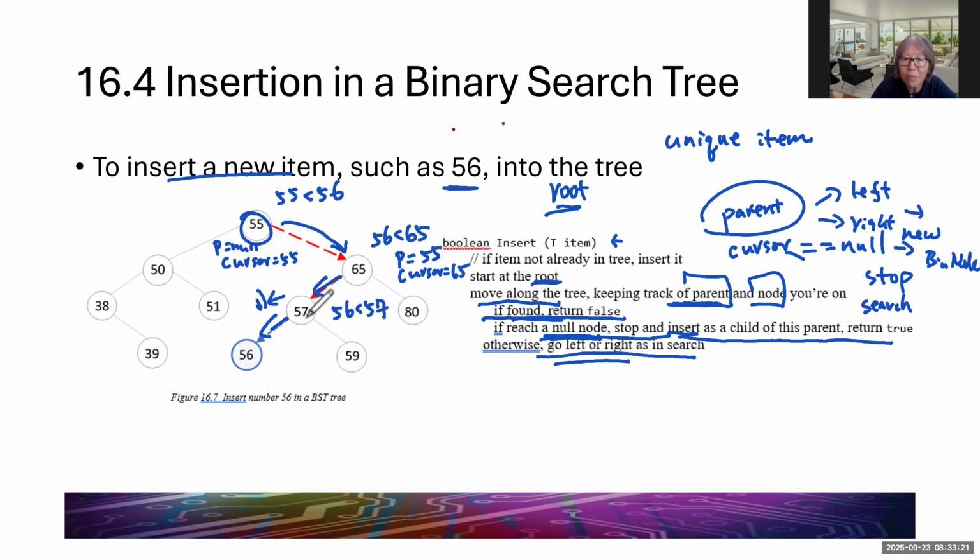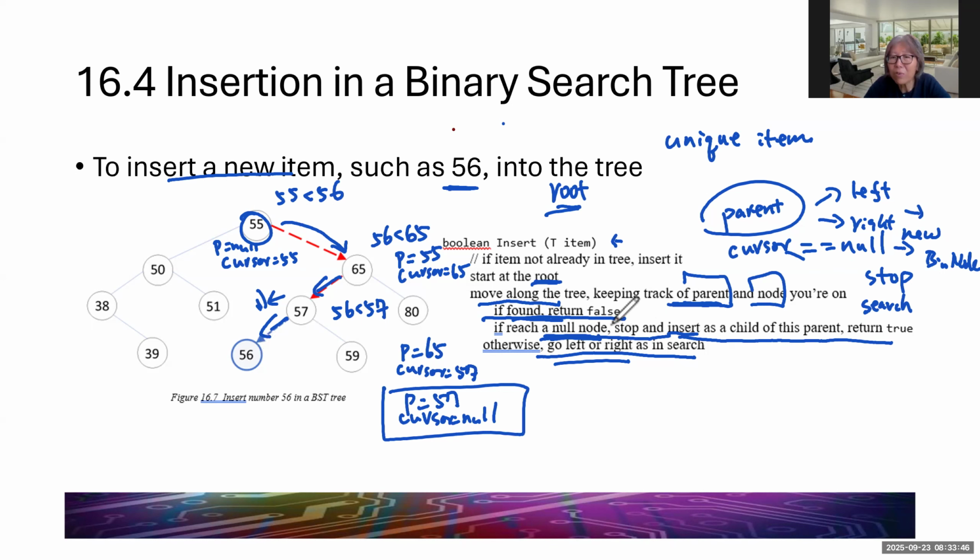Then you move to 57, so the cursor is 57 and the parent is 65. Then you see it's less than, so you go to the left. The cursor is null and the parent is 57. At this point, we stop.